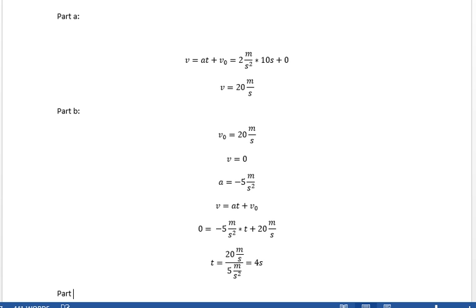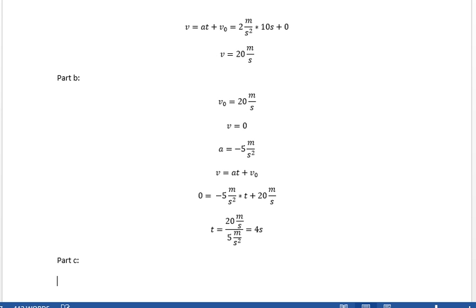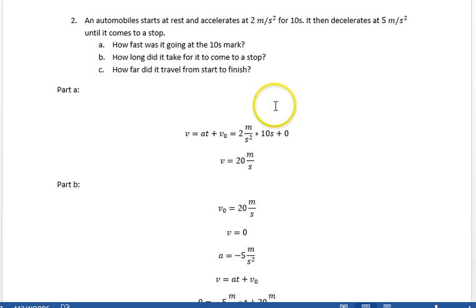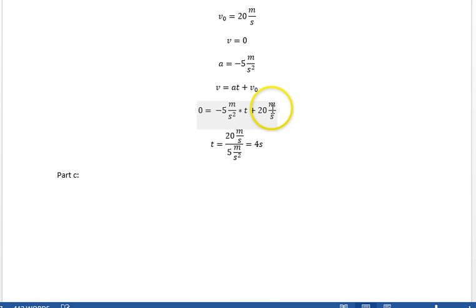Now, part C. Part C is, how far did it travel from start to finish? Let's look at the first part of the problem.